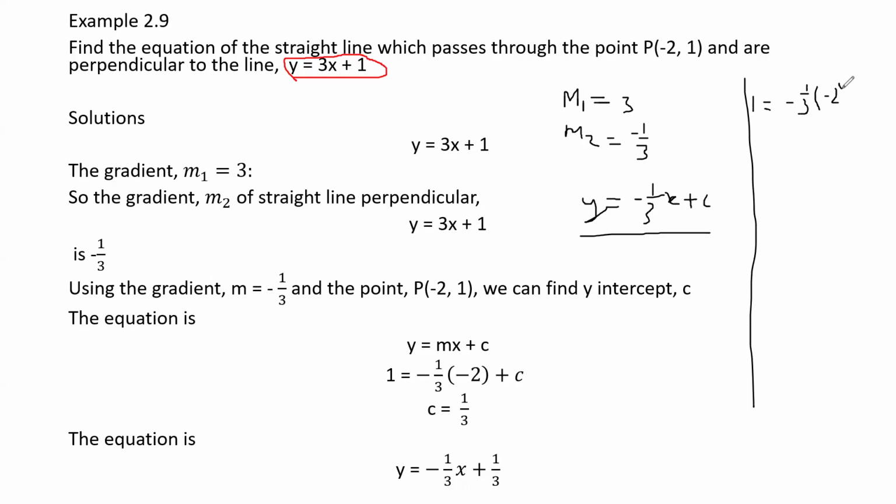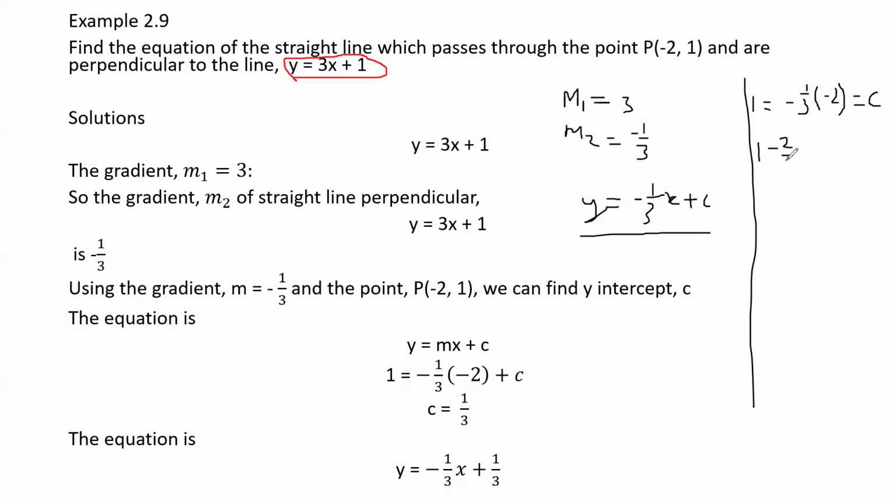What is c now? 1 minus 2 over 3, which becomes 1 over 3. So c now is 1 over 3.